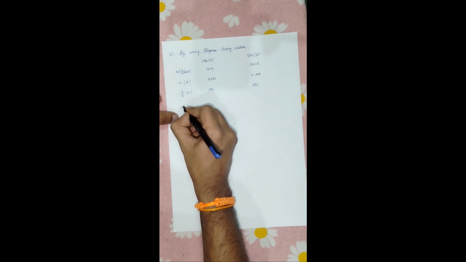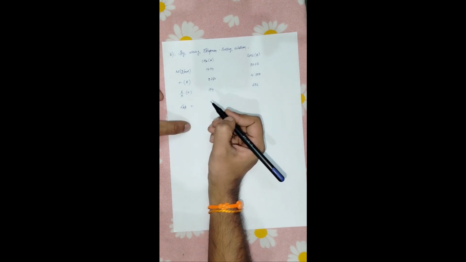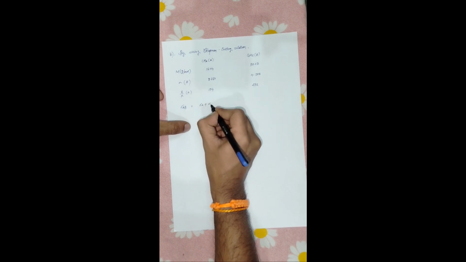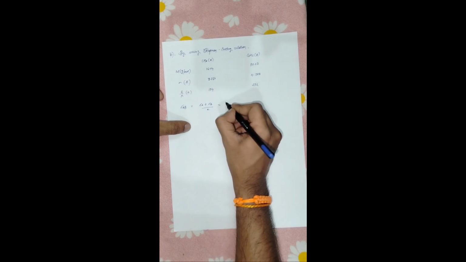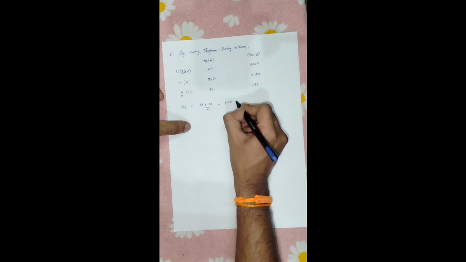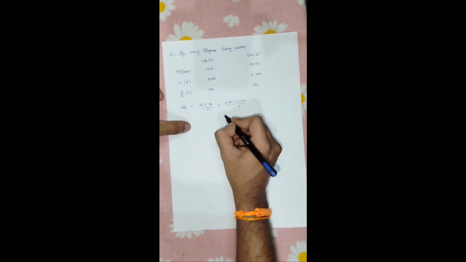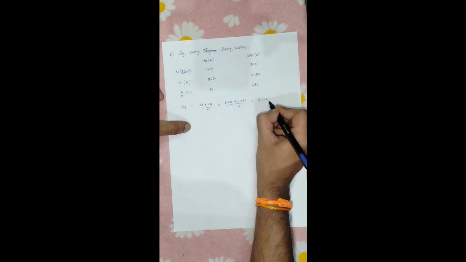In our problem, we have to calculate sigma AB for the system. This is the mean, sigma A plus sigma B by 2. So sigma AB is 3.780 plus 4.388 upon 2. The value comes out to be 4.084 angstrom.